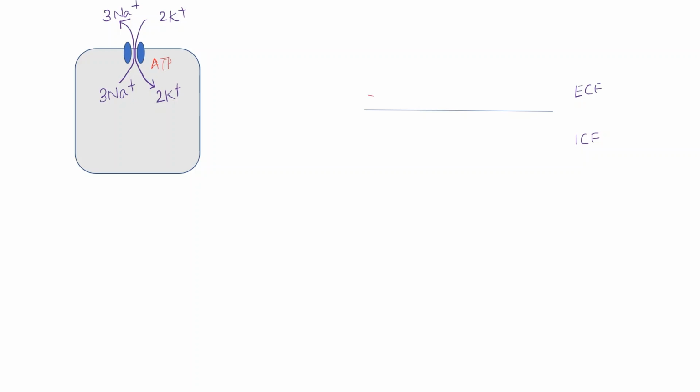So in each cycle 3 sodium ions move outside, 2 potassium ions move inside. Like you can see here, for each cycle there is a net movement of 1 positive ion from inside to outside. So the outside of the cell becomes more positive as compared to inside, which means that there is an electrical gradient that is generated, right?